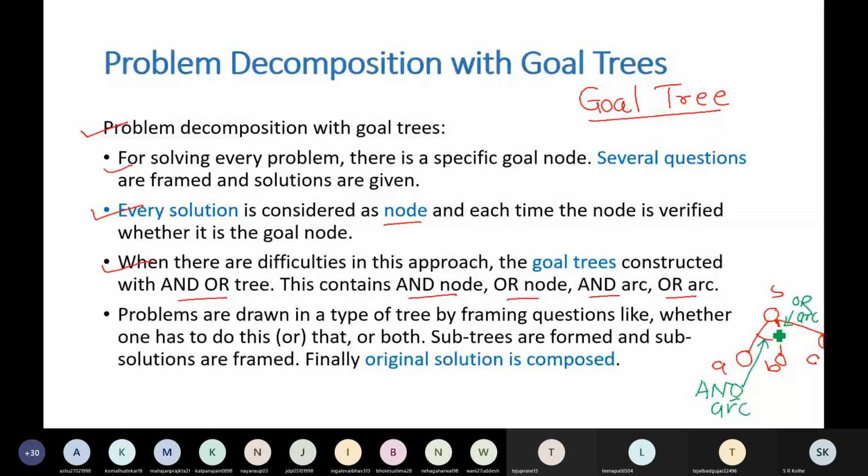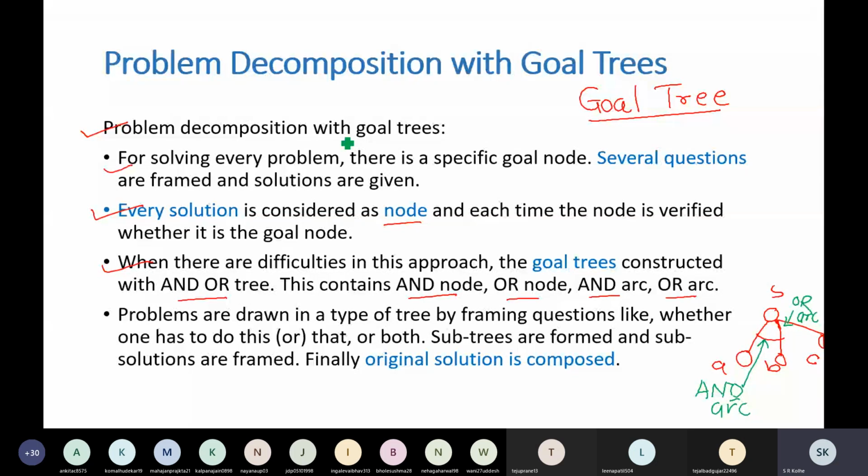So what we do, problems are drawn in the type of goal tree by framing questions like whether one has to do this or that or both. That's how modeling is done. If we say that this has to be done as well as that work also has to be done, or A task has to be performed and B task also has to be performed, then we model that as AND type of node.